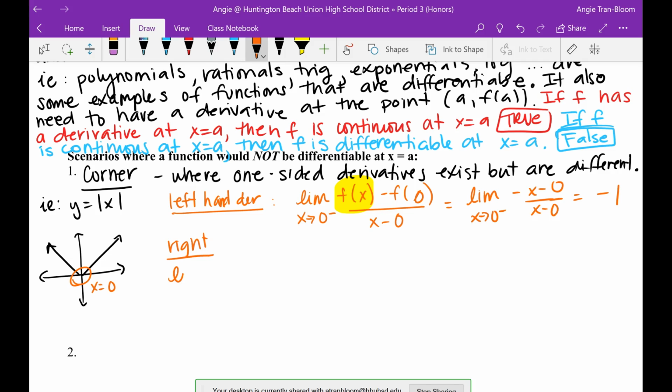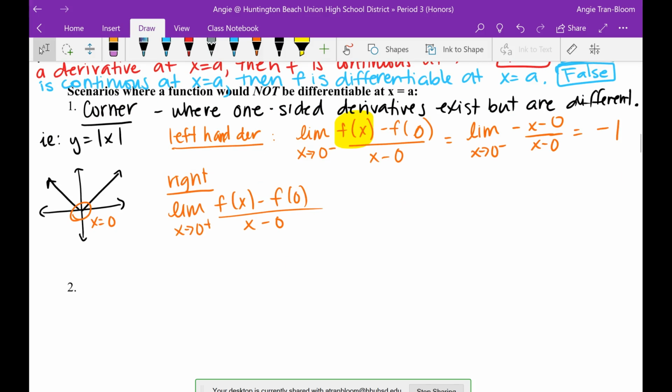Right-hand derivative, the limit as x approaches 0 from the right, again same formula. f of 0 for any side is still what? 0. But what is f of x from the right side? It's just x, you're right. So the limit as x approaches 0 from the right of x over x, which is 1. Do the derivatives from the right and left exist?